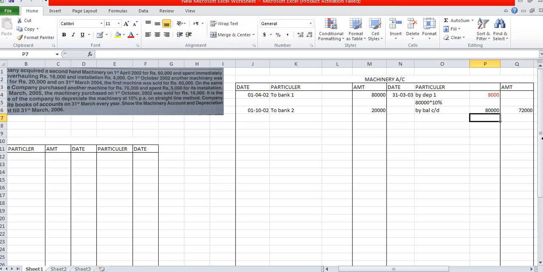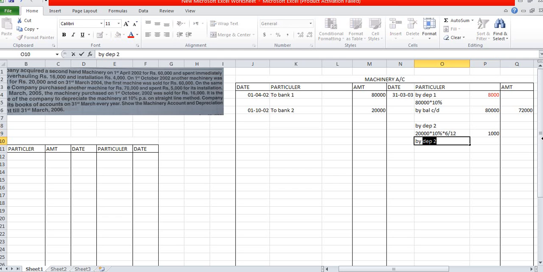Okay, this is for machine 1. Now for machine 2, by depreciation for 6 months, 20,000 into 10% into 6 divided by 12, we'll get 1,000 depreciation.